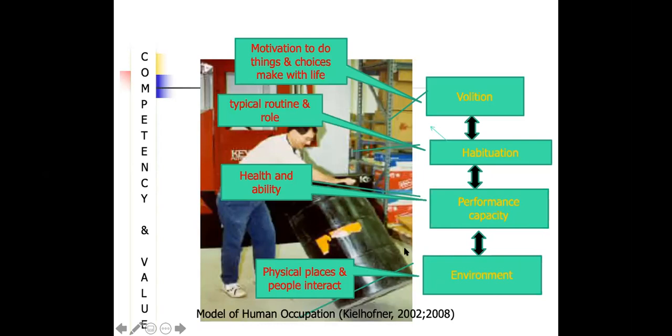So MOHO have developed, they call it WEIS, Worker Environment Impact Scale. So environment, so as an OT, we go to visit the workers who've been working at the place, the injured workers, then we interview the worker.